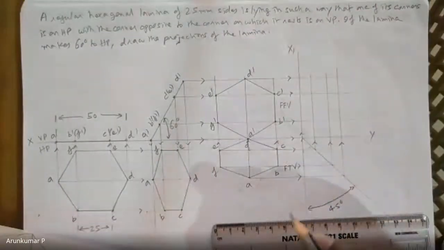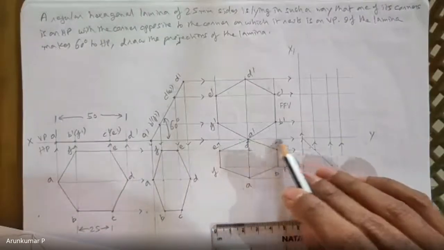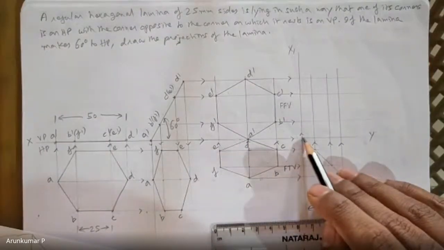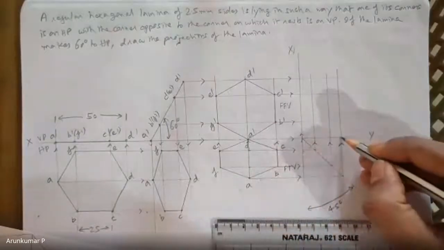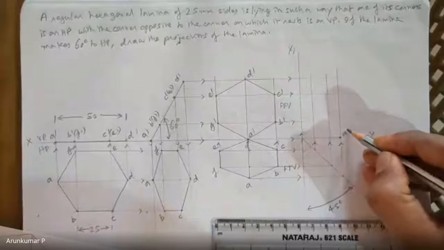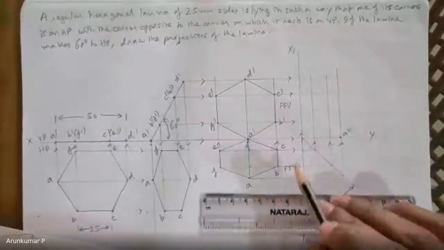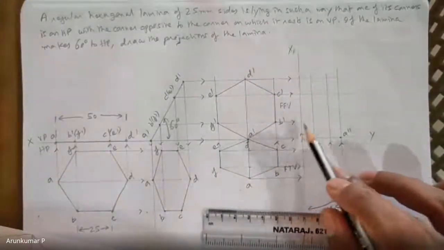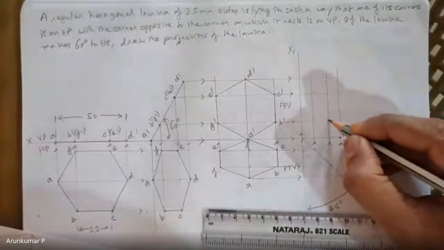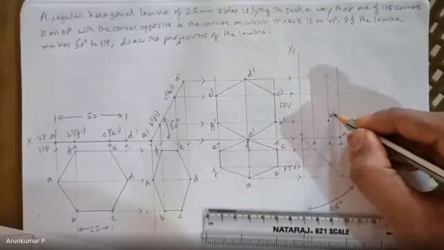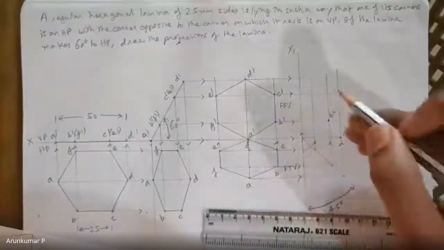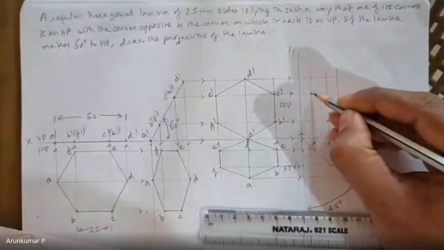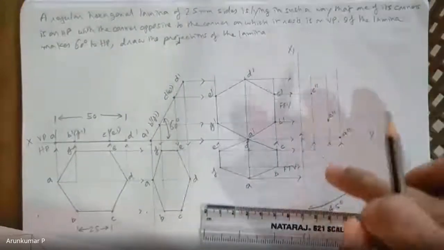So let us start with A. Where is A? Yeah, this is A and A dash. So I think this point is A double dash. B and B dash. Yeah, this point is B double dash. C and C dash. This point is C double dash.